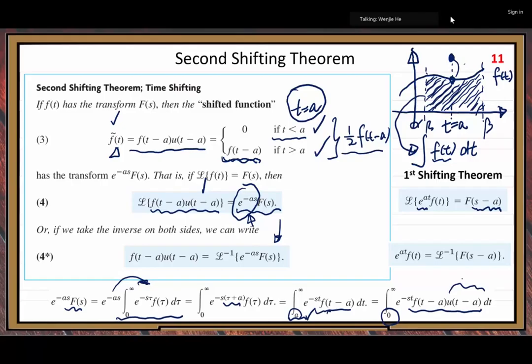So this one you can see is the meaning of the Laplace transform of F U product with A shift to the right. So we prove the formula.